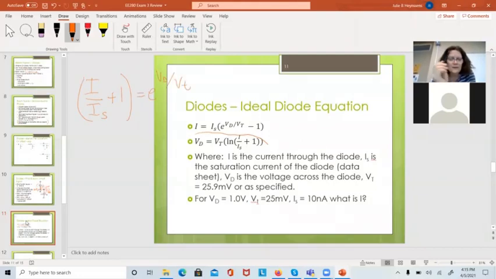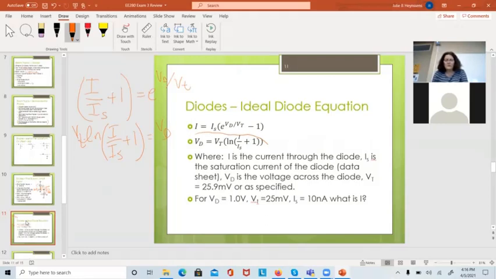To get VD over VT, I have to take the ln of both sides. So I get the ln of I over IS plus 1 equals VD over VT. So I just multiply this by VT. I have an expression for VD. I could also solve that equation for IS. It would be I over the exponent, over what's in parentheses.